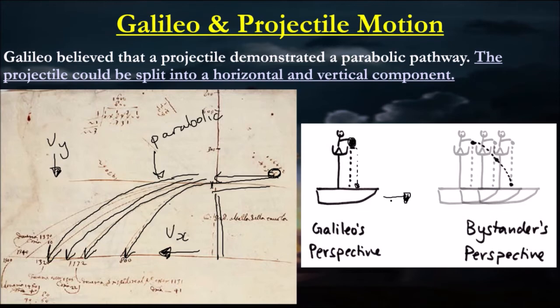So if you're traveling at a constant speed, you drop the ball directly down, so you don't add any force, you just let it go. To you, it looks like it fell directly below, but by a bystander's perspective, the ball's actually traveled in the same direction at the same speed, horizontally speaking, assuming that's where the boat is moving, to you. This is also known as frame of reference and a bit of relativity.